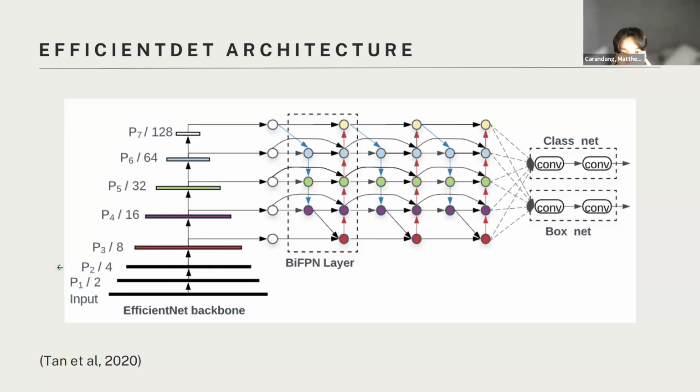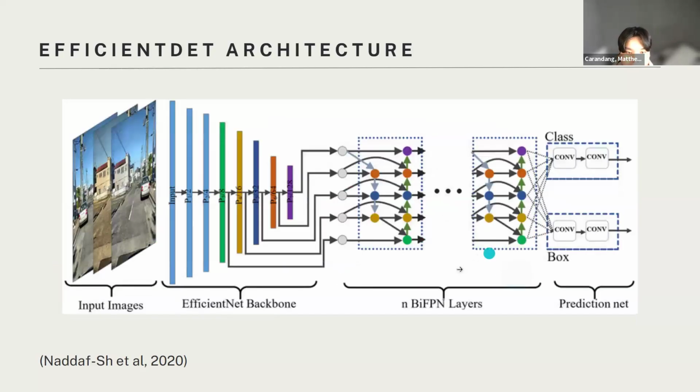The main difference between this and SSD would be that SSD just combines all the features at once, while this has more distinction between which layers should be combined. So here's another example of its architecture.